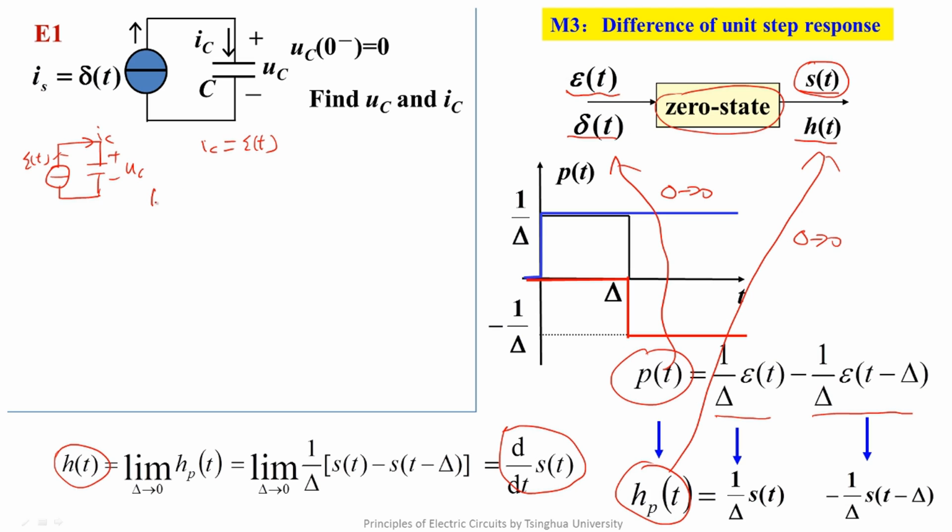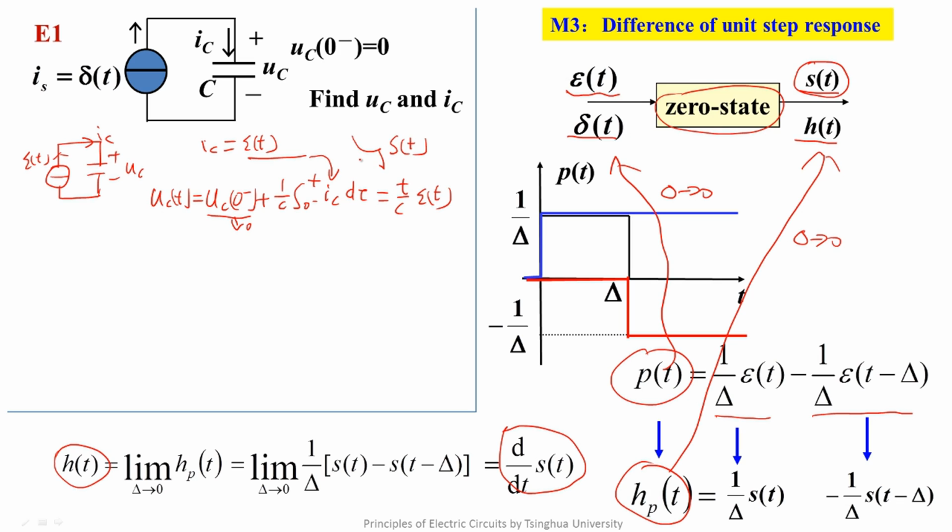We also know uC(t) equals uC(0 minus) plus 1 over C times the integral of iC from 0 minus to t. The circuit is in zero state, so this part is 0. By substituting this expression into this, we can easily get it equals t over C times epsilon(t). The sum of the two parts is s(t).